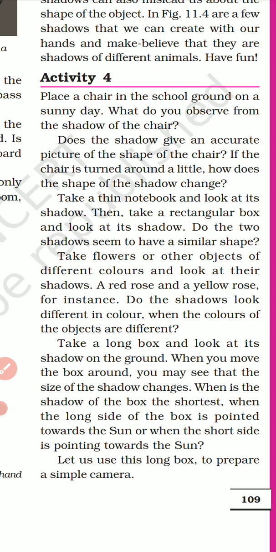Does the shadow give an accurate picture? It does not give the accurate picture of the shape of the chair. If the chair is turned around a little, how does the shape of the shadow change? So, shadow changes as you change the sides of the chair.